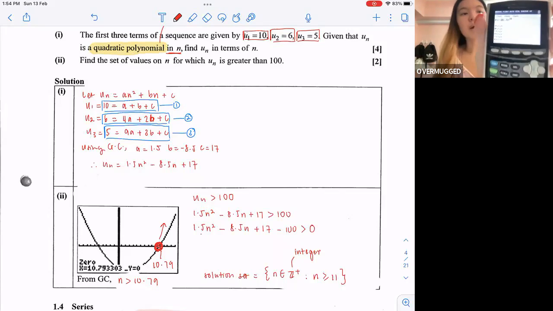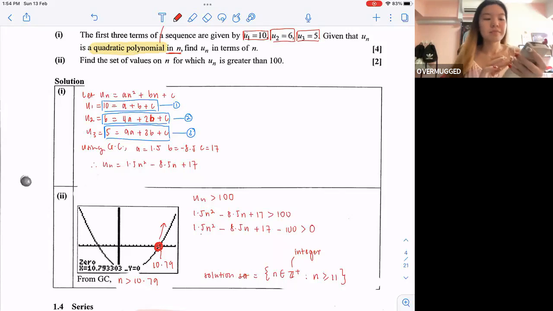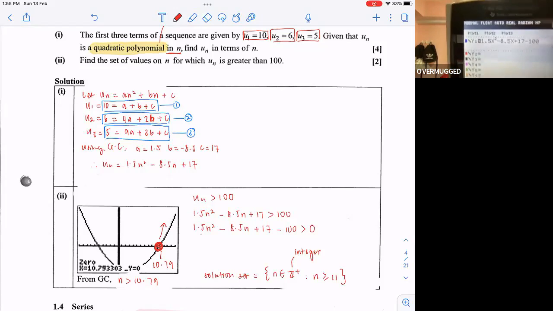So I have my 1.5 x squared. Then I key in the rest as per normal: minus 8.5, then x, plus 17, minus 100. So you should get this at the end of the day.